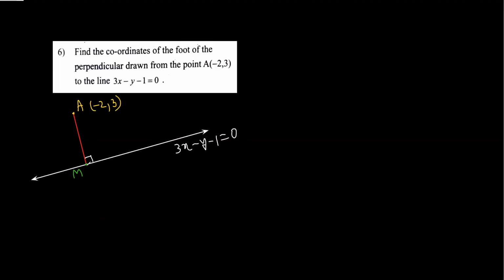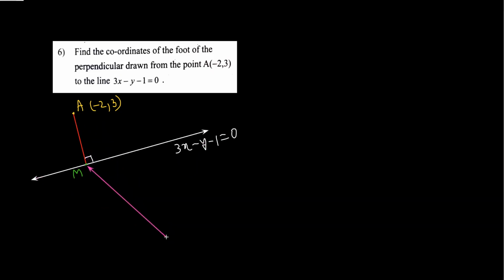So what you have to understand is, remember, the foot of perpendicular, here M, can be considered as point of intersection of this line and this line.